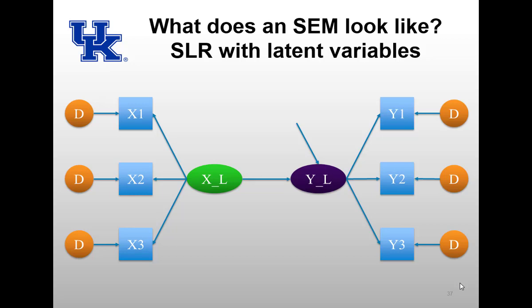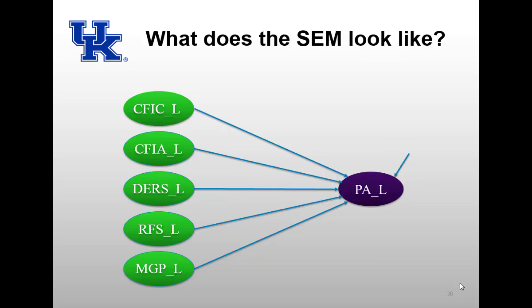So when we get to this slide, it would be too complicated to show you the entire picture with every item and every disturbance. It would be hundreds and hundreds of boxes, and I don't want to draw them all. And it would be impossible to see them all anyway. So that circle, or CFICL, that's a latent variable, a factor upon which all of the CFIC items are loading.